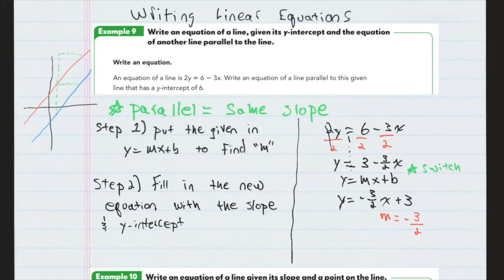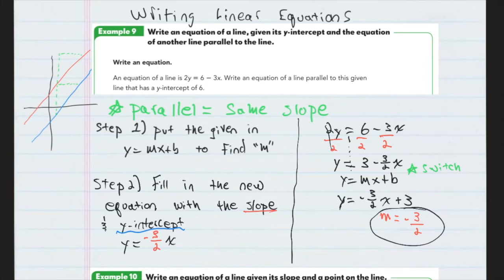So we've got the slope, we've got the y-intercept. So if we were filling in the blank, we'd say that y equals, and then m is from over here, negative 3 over 2, x.